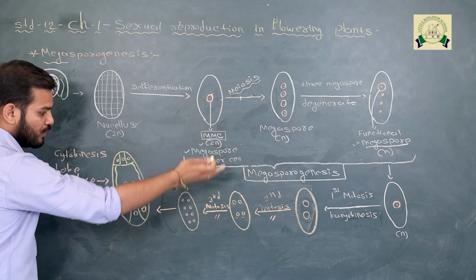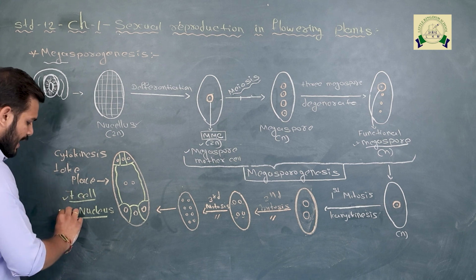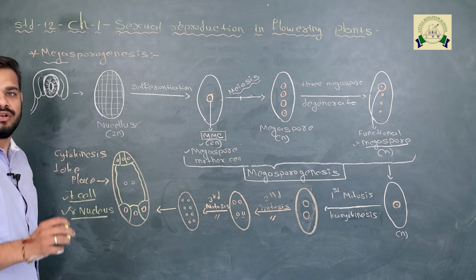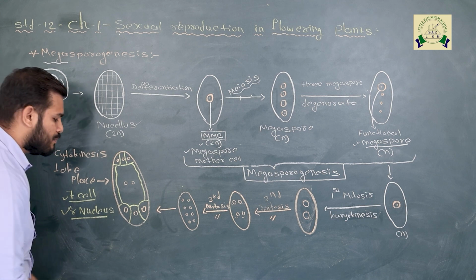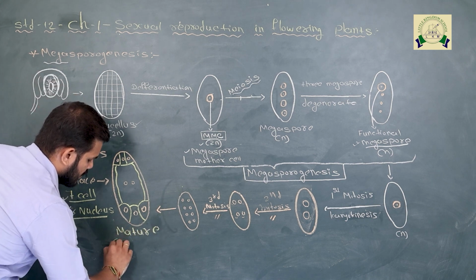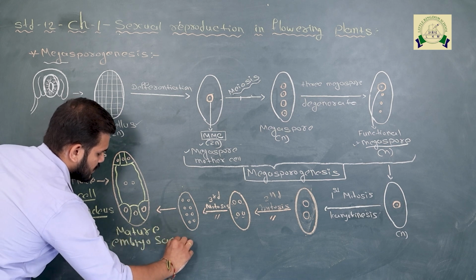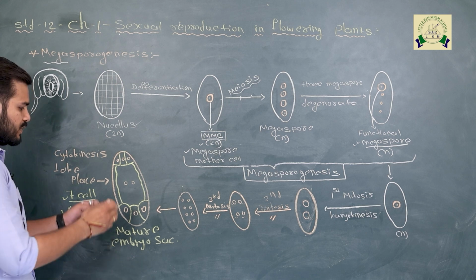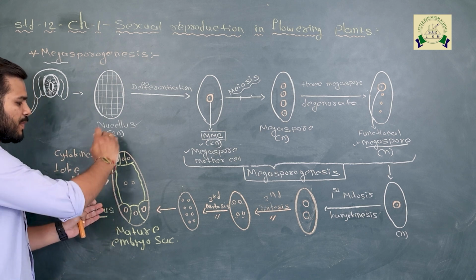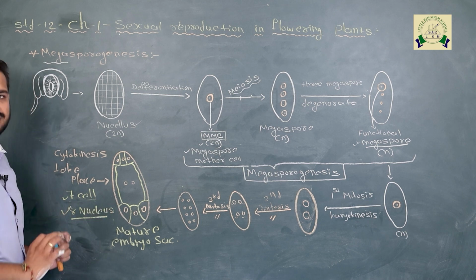So at the end of this process, we got a 7-celled and 8-nucleate structure called the mature embryo sac. Clear? So this structure represents the mature embryo sac, which has 7 cells and 8 nuclei.